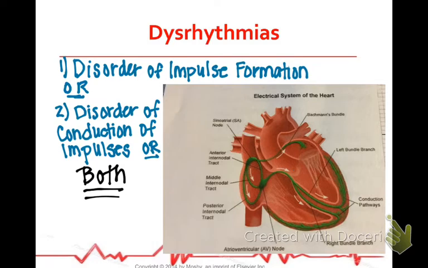Remember I said that those foci, those ectopics over here, that could be a disorder of the impulse formation if they decide to fire, right? There's some excitability there. Or a disorder of the conduction, or both. So that is basically your definition of dysrhythmia.